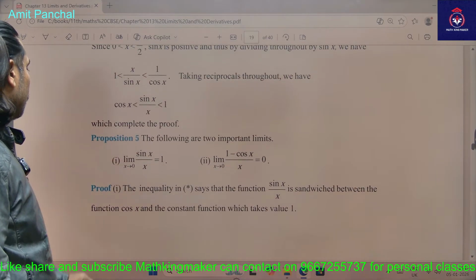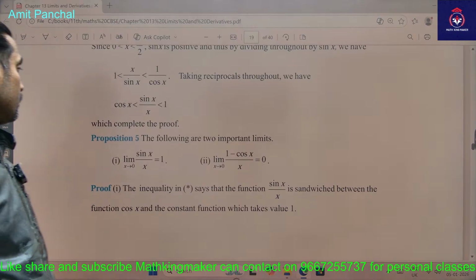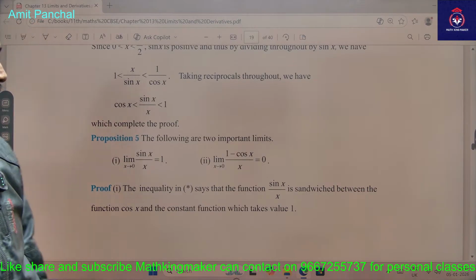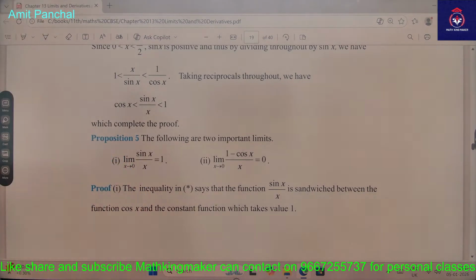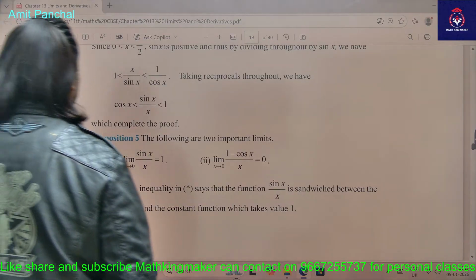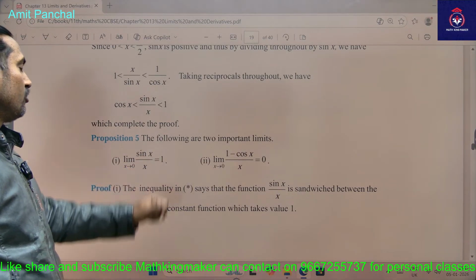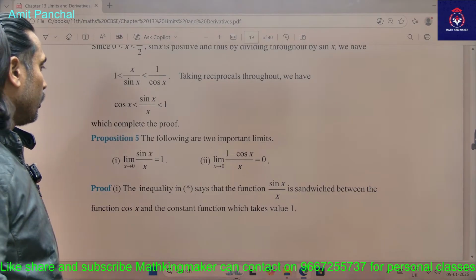Okay, now this one: limit x tending to 0 of sin x by x, you need to remember it is 1. You can use this as a formula.